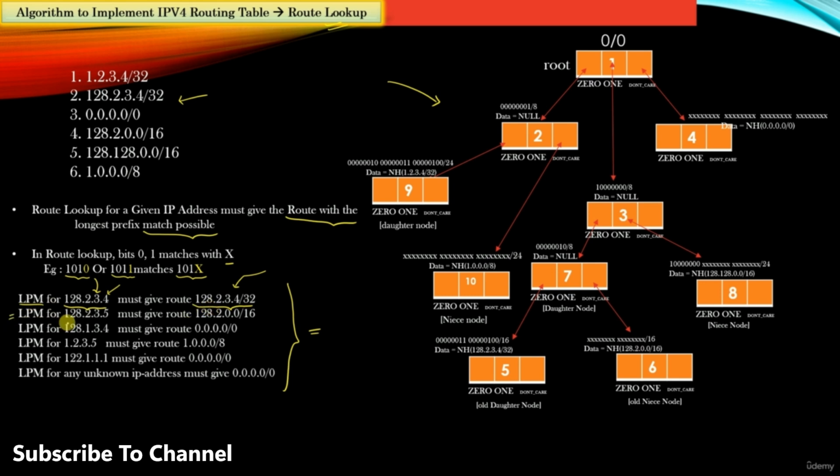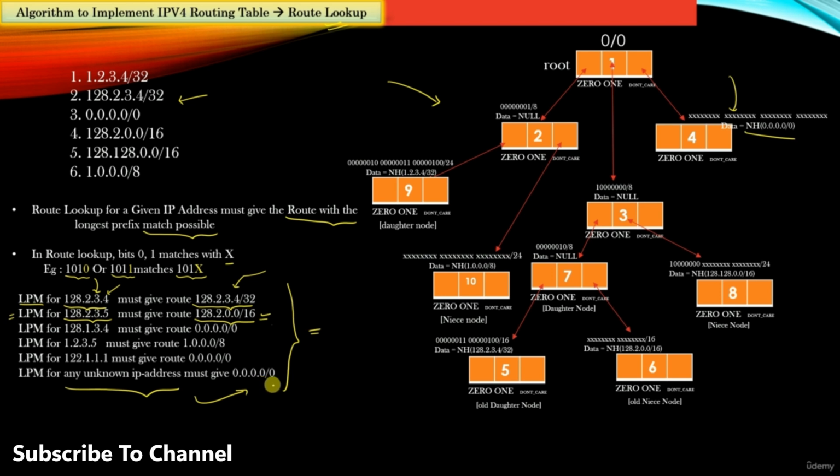Similarly, the second example is that for a given IP address 122.2.3.5, the best route or the longest prefix match route is 128.2.0.0/16. Note that in your M-trie data structure, if you have a default route installed, then any unknown IP address would always match with this default route as per the longest prefix match principle.